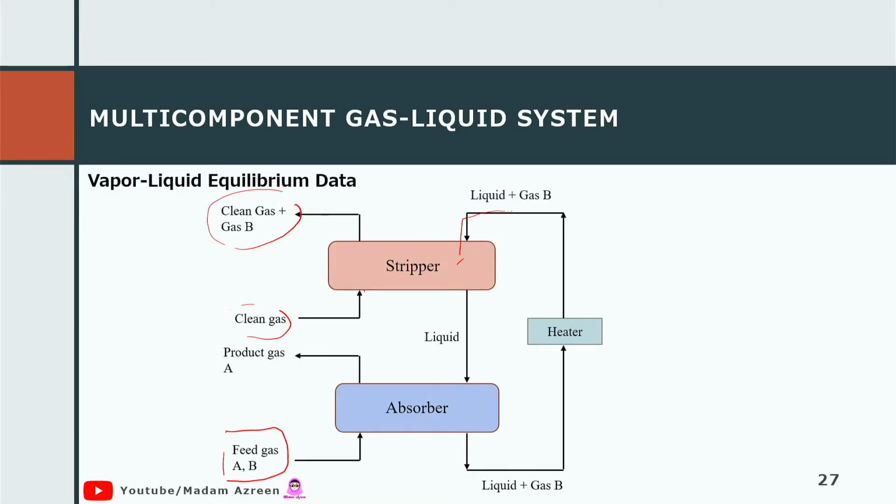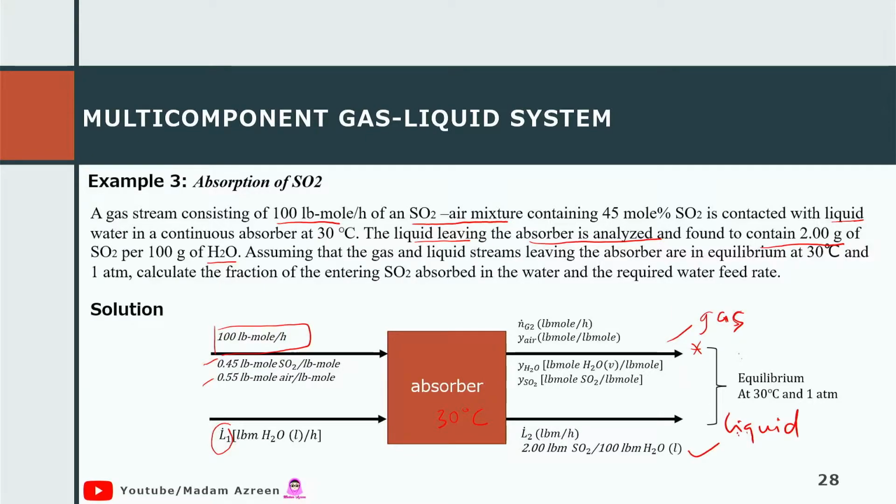All the gas B would dissolve into this liquid and there would be no gas B here, right? But in reality, there is always some remaining SO2 here.